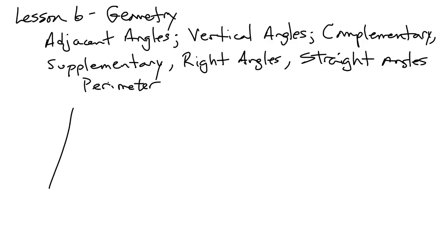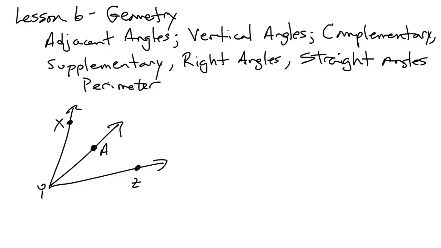So as an example, let's say we are told that the measure of angle XYZ is 73 degrees and the measure of angle AYZ is 50 degrees.